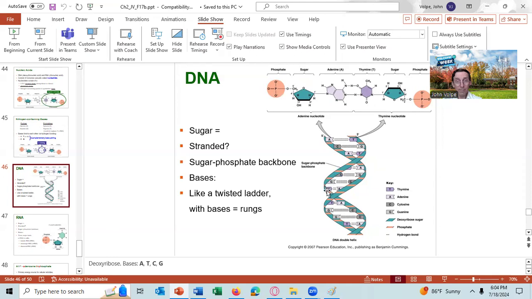The bases on the single strand are protruding outwards, and two strands of DNA will have two bases, one in each strand, hydrogen bond to make the step. And DNA actually forms a twisted ladder much like this.